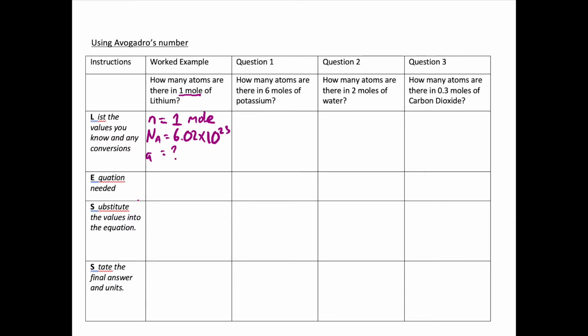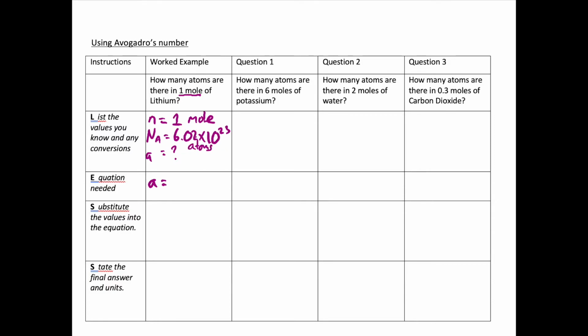So the way we get our number of atoms is we look at how many moles we have and how many particles are in that 1 mole. So our Avogadro's number, in this case, because lithium exists as atoms, our Avogadro's number is in terms of atoms in 1 mole.